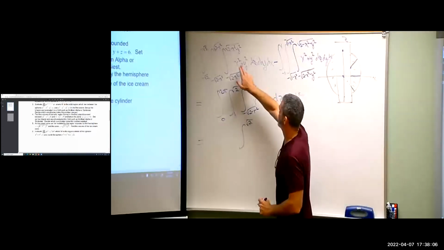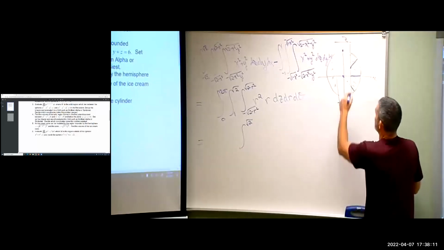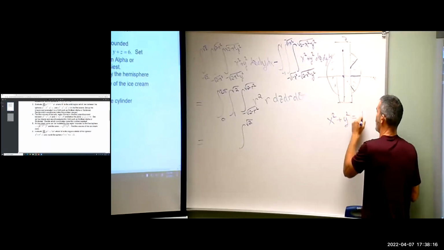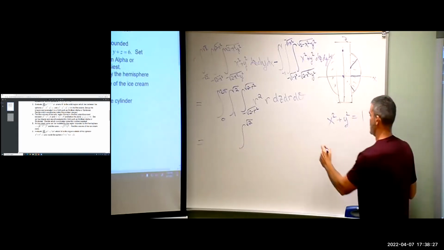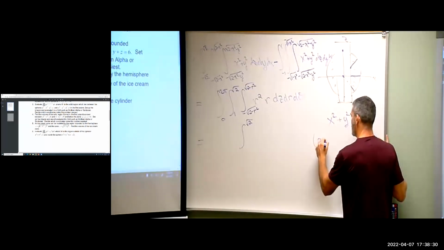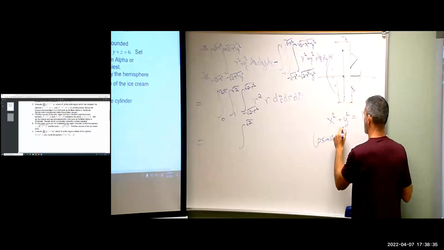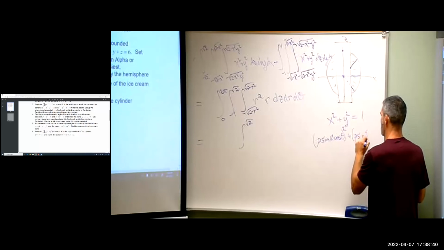We'll handle the inner limit in just a second because there's something I want to show you first, and it's dealing with this cylinder. The equation of this cylinder is x squared plus y squared equals 1. We need to convert the cylinder into spherical coordinates. So x is rho sine phi cosine theta. y is rho sine phi sine theta.